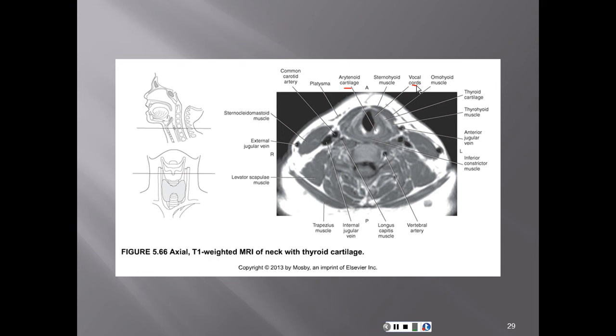The arytenoid cartilages attach to the posterior laminal surface of the thyroid cartilage and are separated by a space termed the laryngeal ventricle. The superior pair of ligaments is called the vestibular folds or false vocal cords because they are not directly concerned in the production of sound. The inferior pair is the true vocal cords, named accordingly for their involvement in the production of sound.